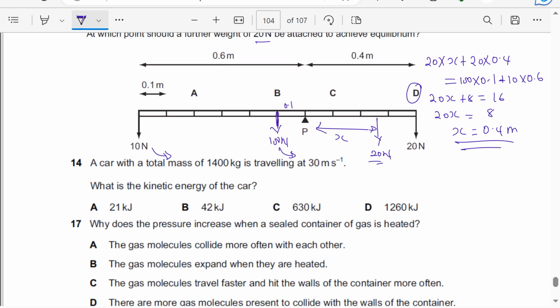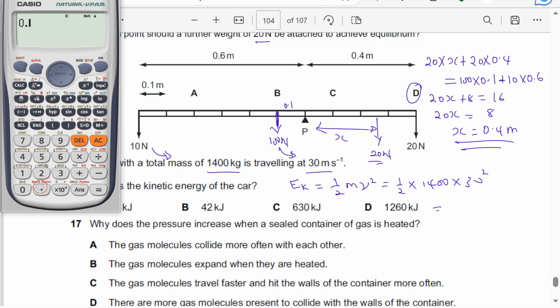A car with a total mass of 1,400 kilograms is traveling at a speed of 30 meters per second. What is the kinetic energy? So this is not supposed to be here, but we shall answer it. Kinetic energy is a half mv squared, so that is a half times the mass 1,400 times v, which is 30 squared.